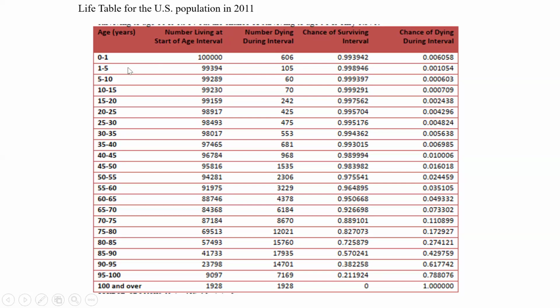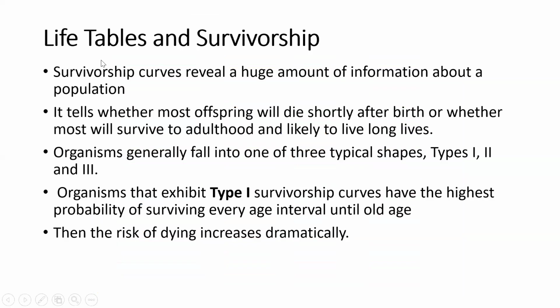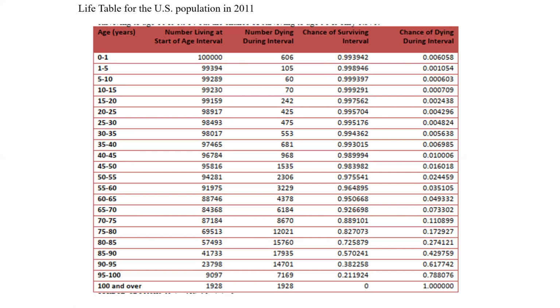So this table you can construct yourself. See, it's from 0 to 1, right? Let me go back. 0 to 1, we have 100,000. It was adapted from the US. Now I tried to get the survivorship table from Ghana, but it wasn't helping me, so I used the one for the US.